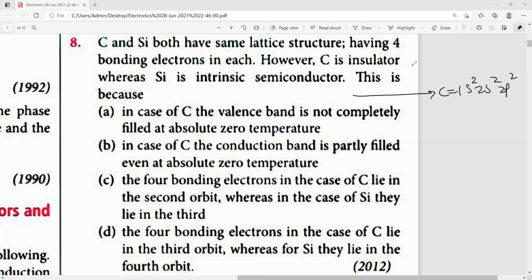Same thing, electronic configuration of silicon is 1s2, 2s2, 2p6, 3s2, and 3p2. So therefore, the 4 bonding electrons of carbon and silicon lie in the second and third orbit. So therefore, for 8th one, C is the right answer.